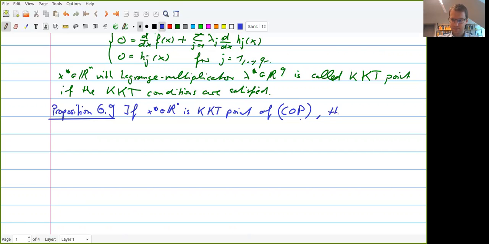Then this point x star is the global minimum of our convex optimization problem, right?